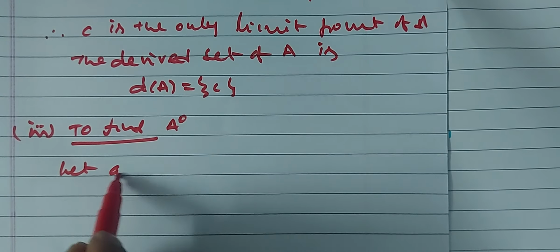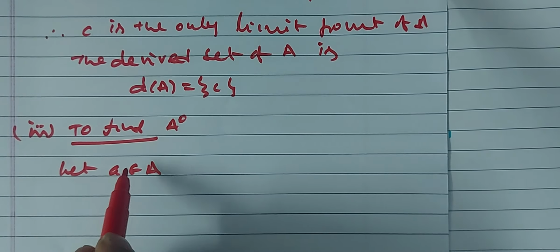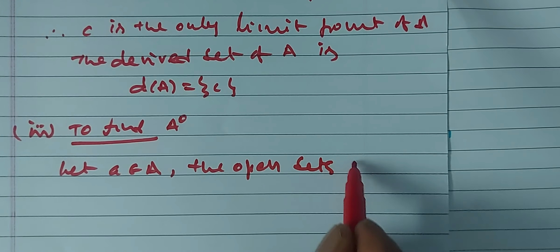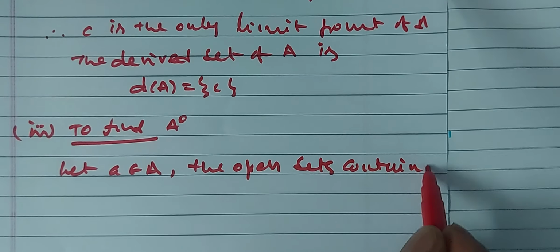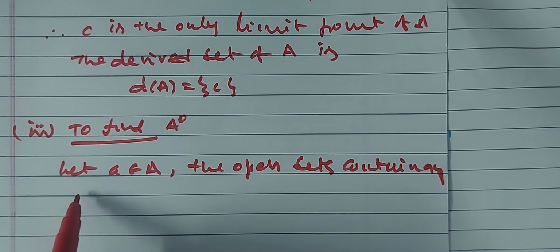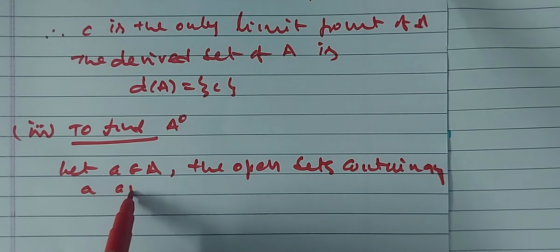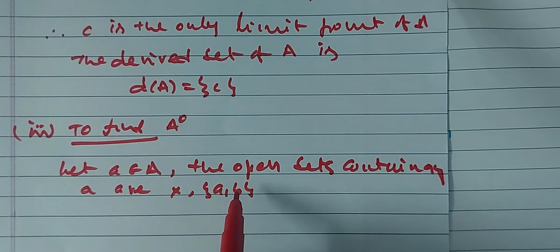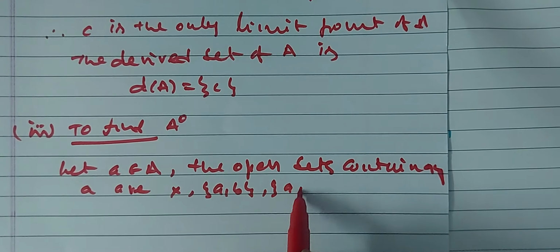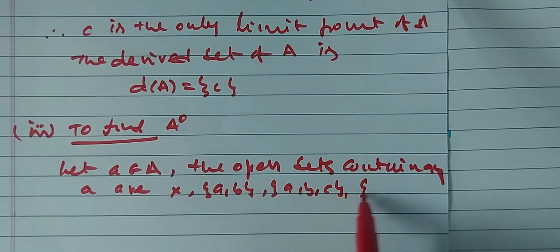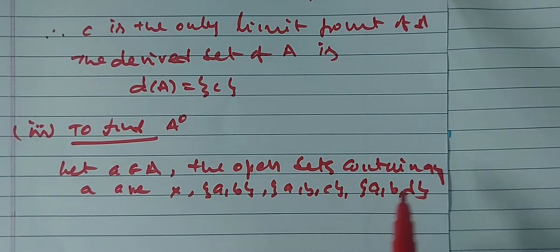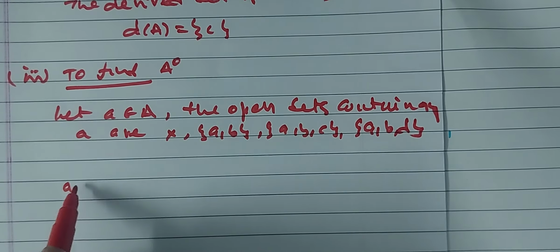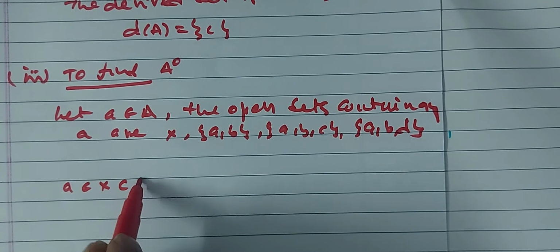Let a belong to A. The open sets containing a are X, {a, b}, {a, b, c}, {a, b, d}. Next, a belongs to X, which is not a subset of A.